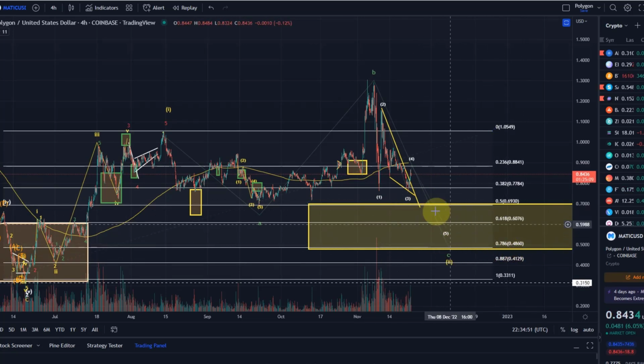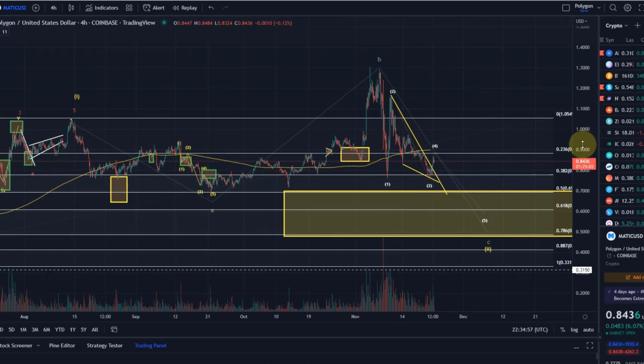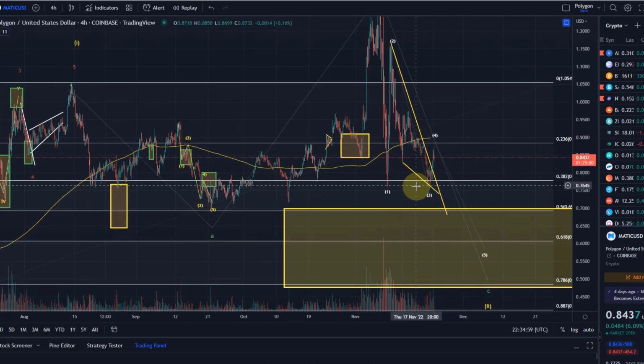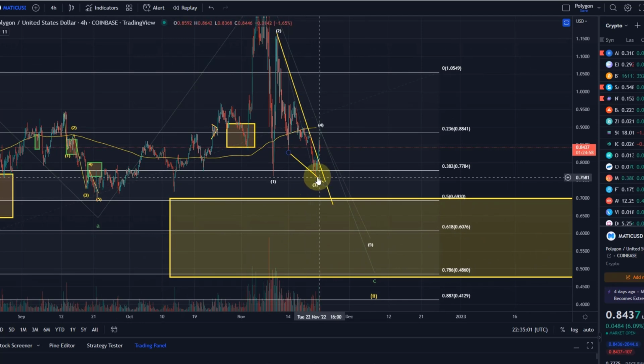So this is somewhere where I would ideally see this wave 2 finish. If we turn around already now, and that's exactly why we find support here as well, we would have only hit the 38.2% Fib level. That is of course possible for a wave 2, but it is less likely. The most likely scenario for a wave 2 is here. But I can't rule it out.